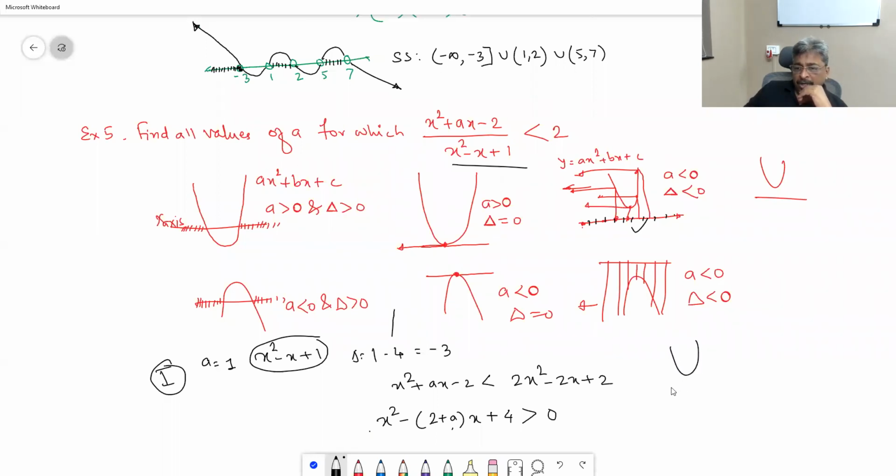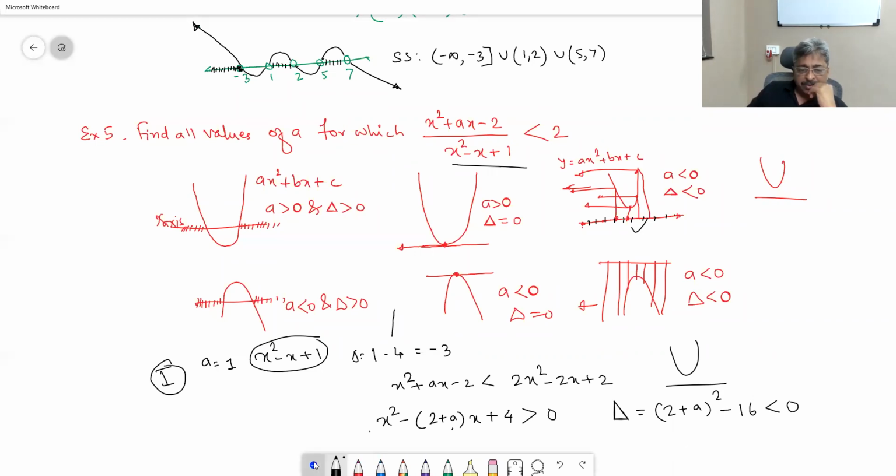Therefore, we want this kind of graph of the left hand side. And if I want this kind of graph, the discriminant, which is going to be (2 plus a) whole square minus 16, must be less than 0.